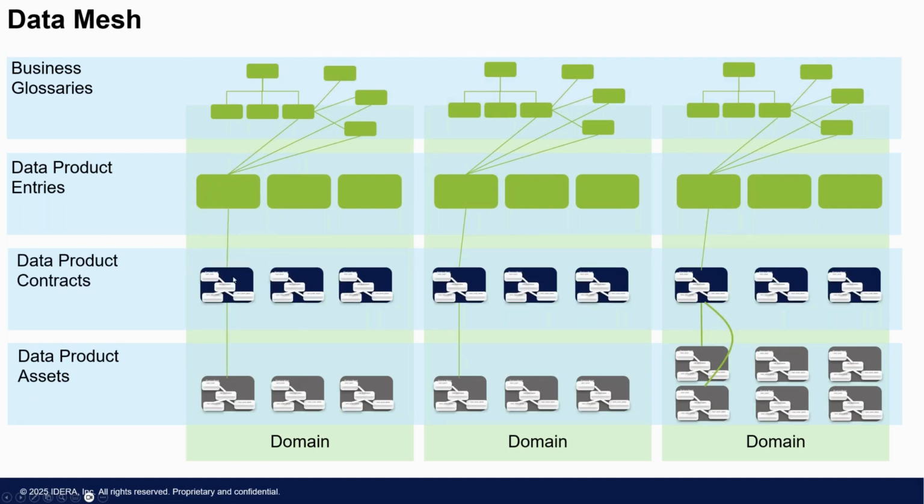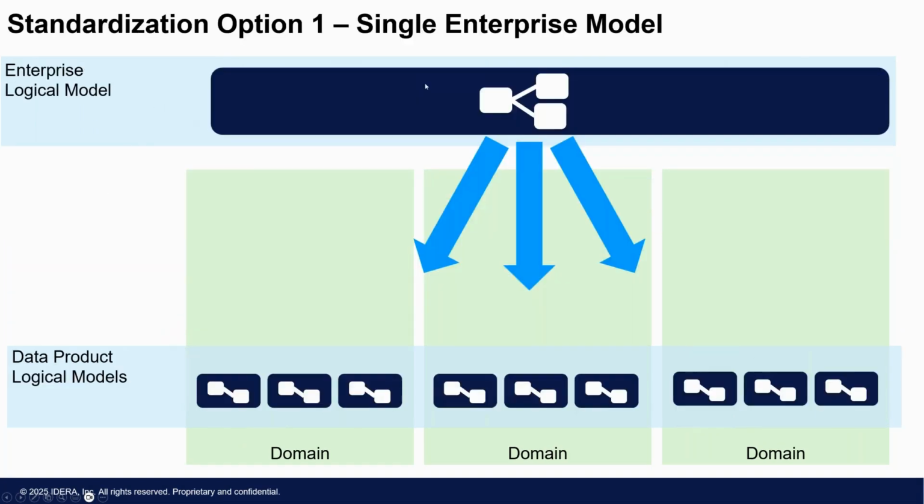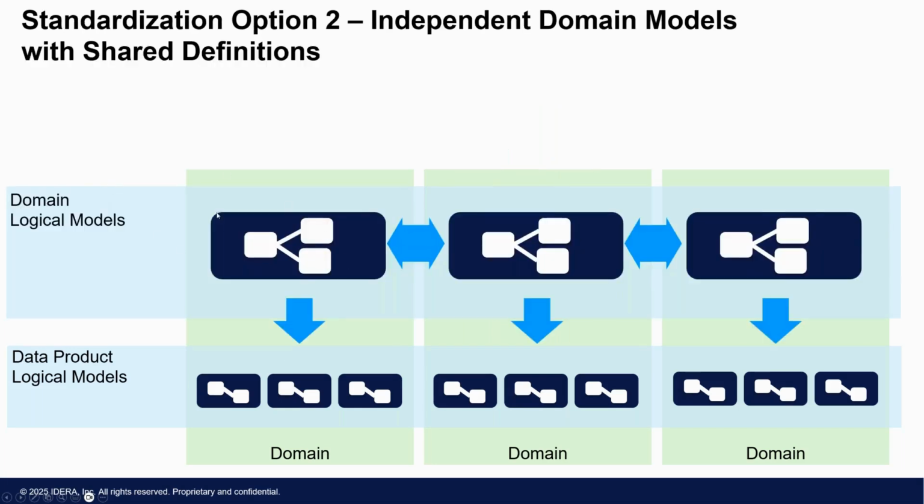So this is where we create a logical model for each of those products before we start realizing it. And the consistency side is using that enterprise model to drive the designs of all our data products. We might use one single enterprise logical model. We might have each domain with its own standardized domain model, and we might be sharing entities between them.